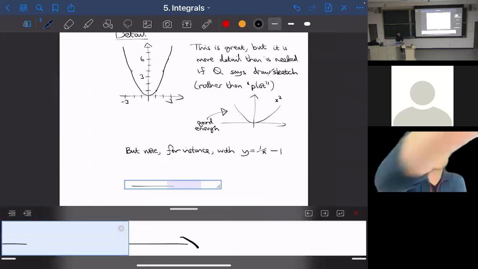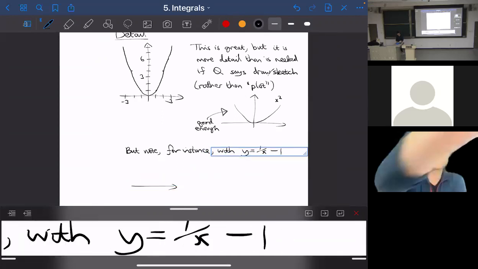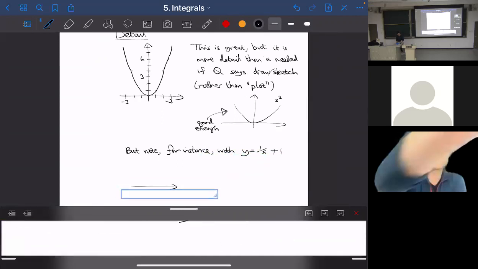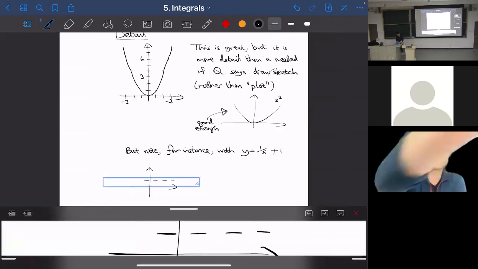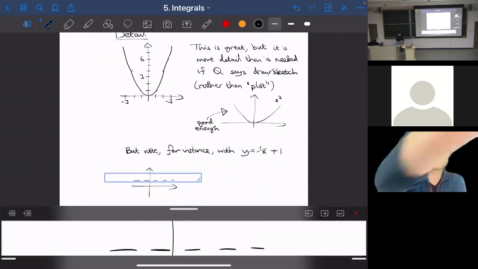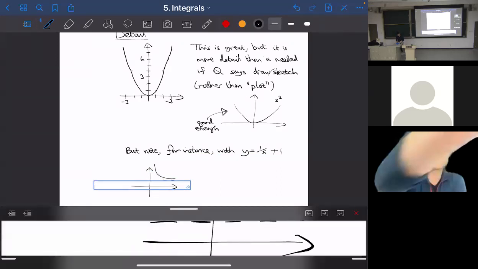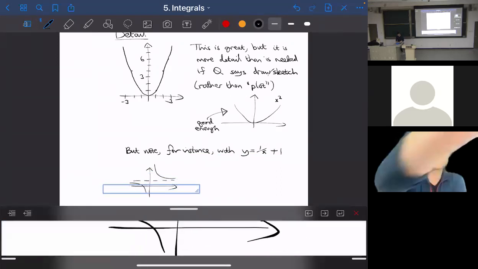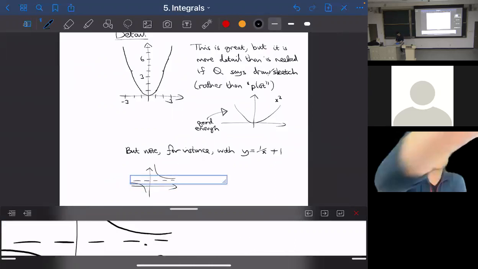So, well, let's do y equals 1 over x plus 1. That's slightly more convenient. So this, well, 1 over x has an asymptote, the x-axis. So 1 over x plus 1 has an asymptote, this line x equals 1.